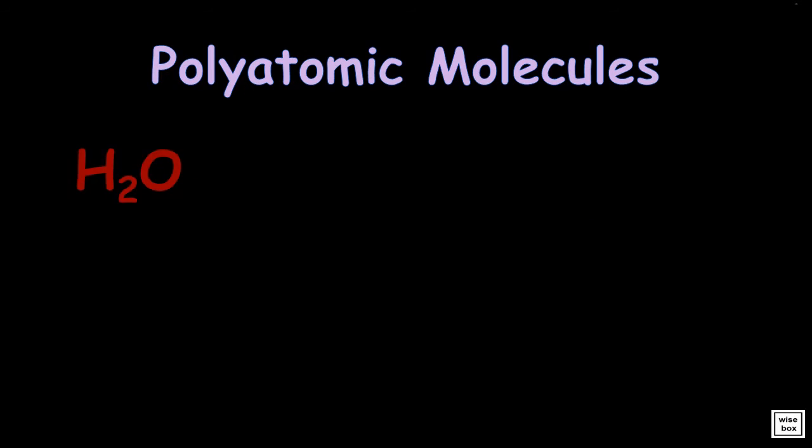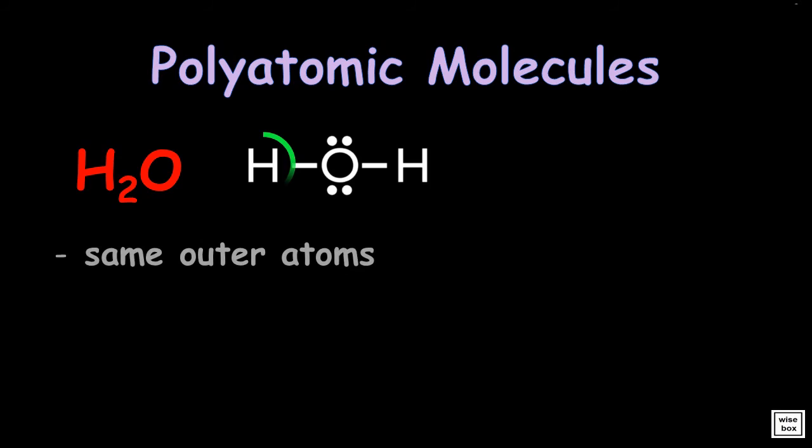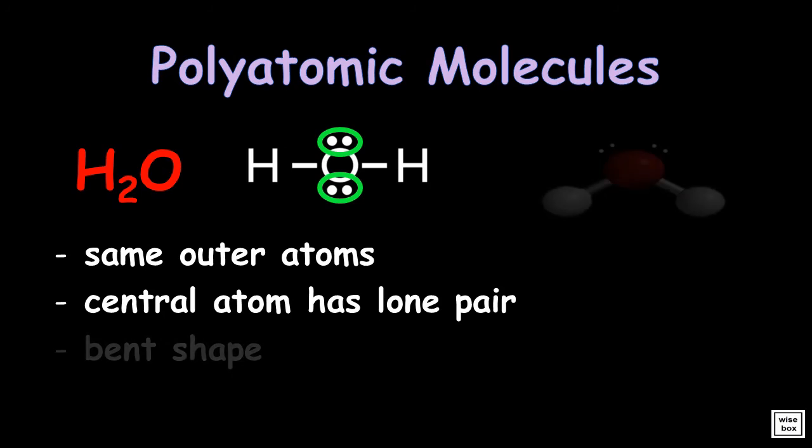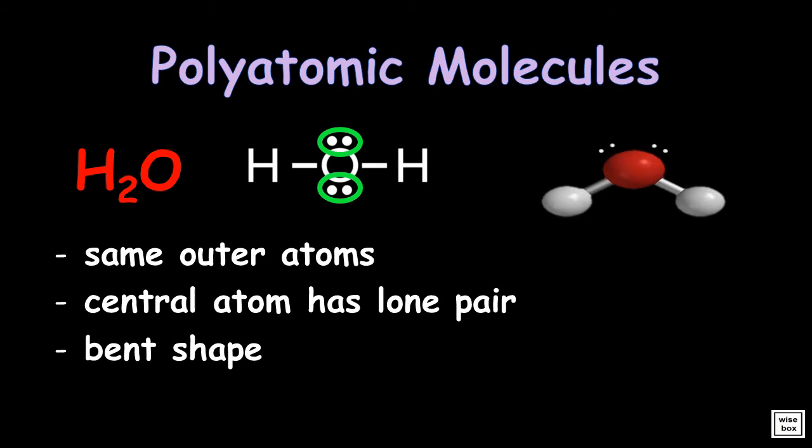Now let us consider the water molecule, or H2O. This is the Lewis structure. Notice, it has the same outer atoms, both are hydrogen. However, the central atom has lone pairs. Based on VSEPR theory, its shape is bent, or V-shaped.